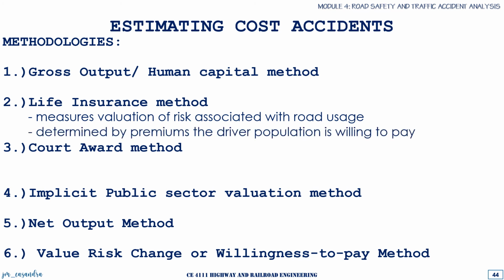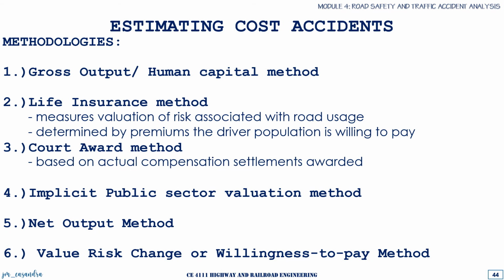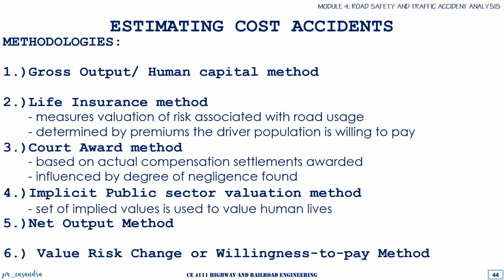Next, we have the court award method, which is based on actual compensation settlements awarded between those involved in accidents. So this is influenced by the degree of negligence found during the accident. And then we have the implicit public sector valuation method, which sets implied values or expected values used to value human lives.